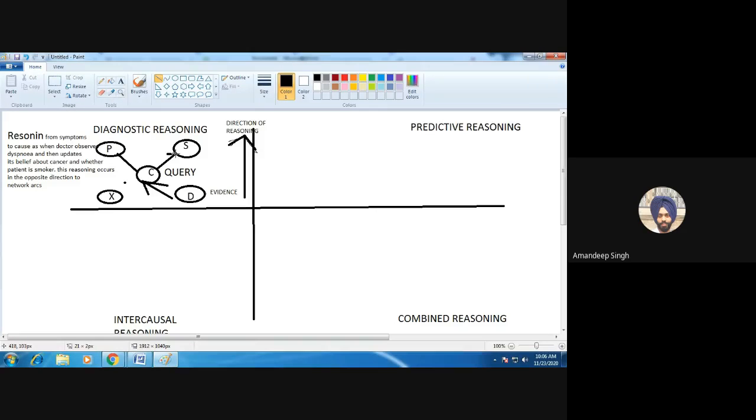So in the upward direction we follow up when we are given the evidence in such a Bayesian network.